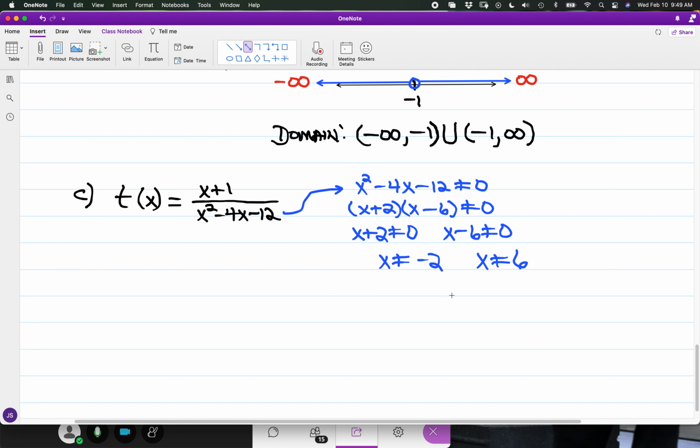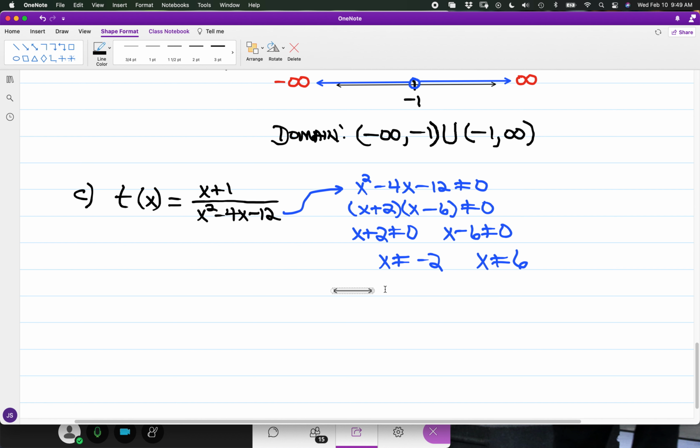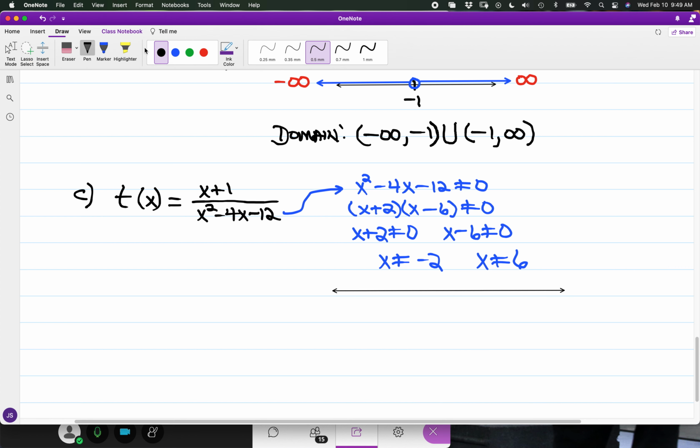And so, in terms of drawing up what we're going to have in the domain, again with the exclusions, we have negative 2 and positive 6. On negative 2 and 6, representing their exclusions, we have holes.